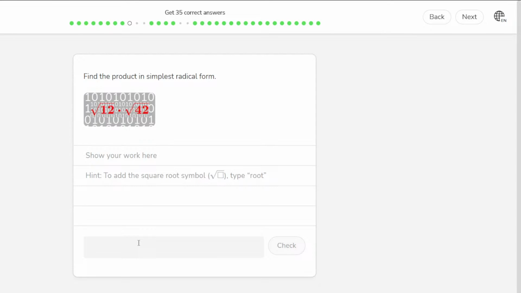That's the square root of 12 times the square root of 42.